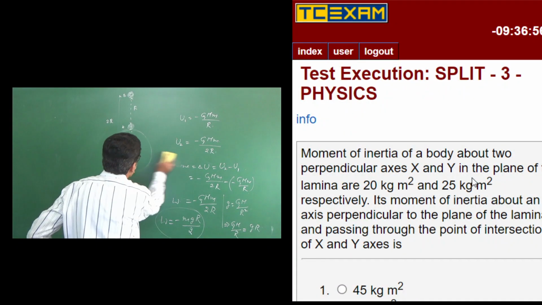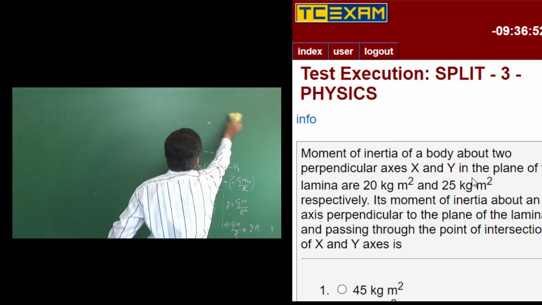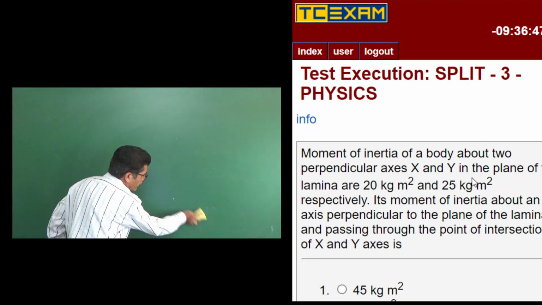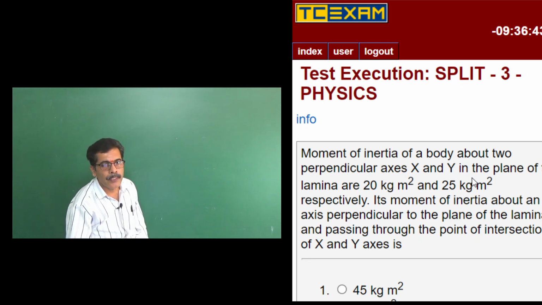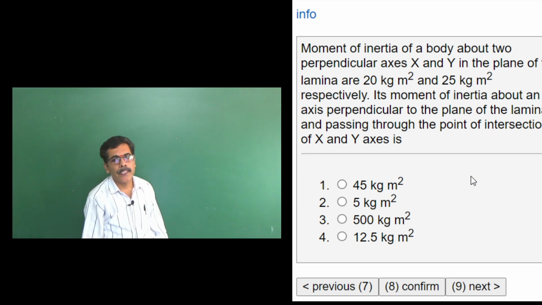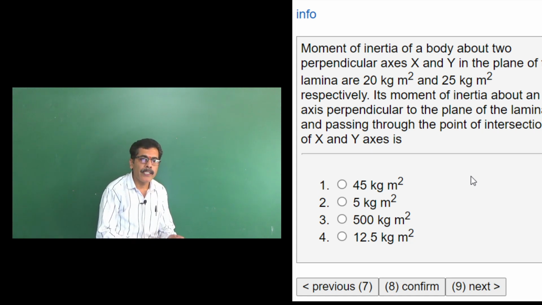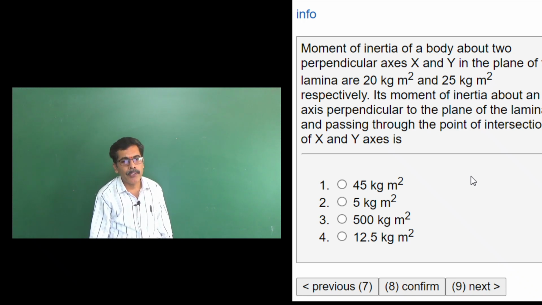Now, we shall take another interesting problem related to rigid body dynamics. The moment of inertia of a body about two perpendicular axes x and y in the plane of the lamina are 20 kg meter square and 25 kg meter square respectively.